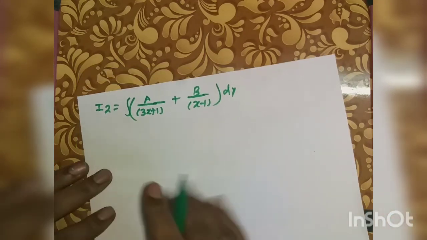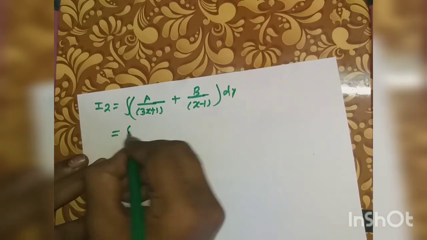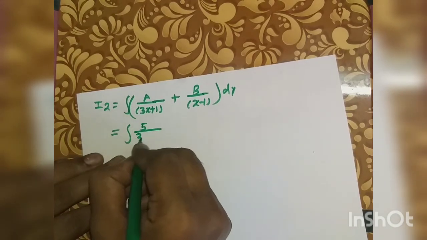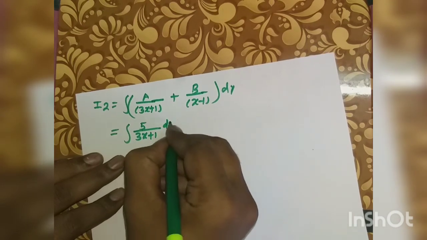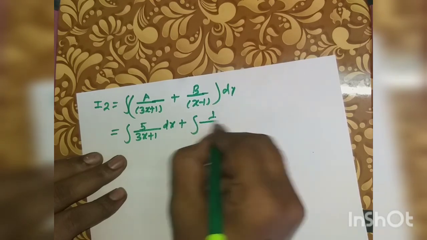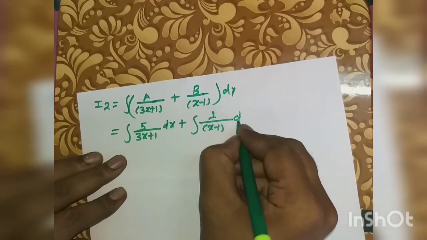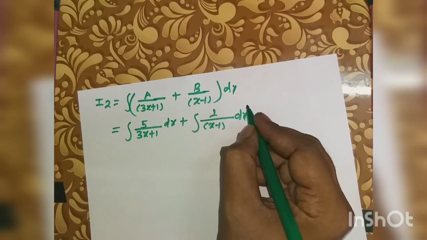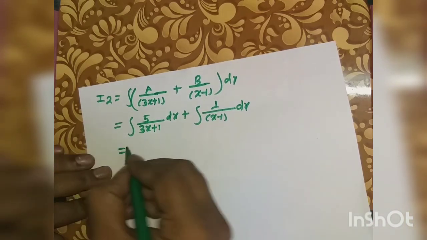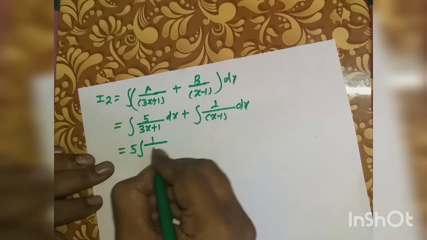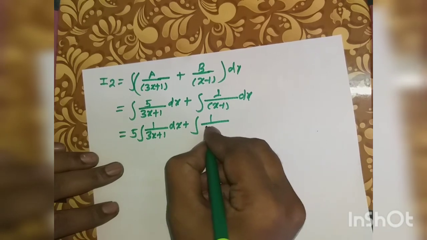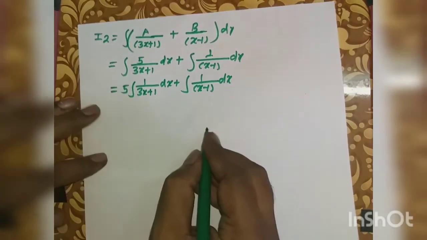We found the values of a and b, so substitute them and take separate integrations. a is equal to 5 over 3x plus 1 dx, plus b is equal to 1 over x minus 1 dx. This is equal to 5 into the integral of 1 divided by 3x plus 1 dx, plus the integral of 1 divided by x minus 1 dx.